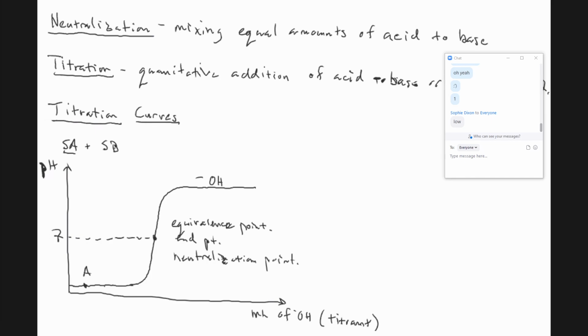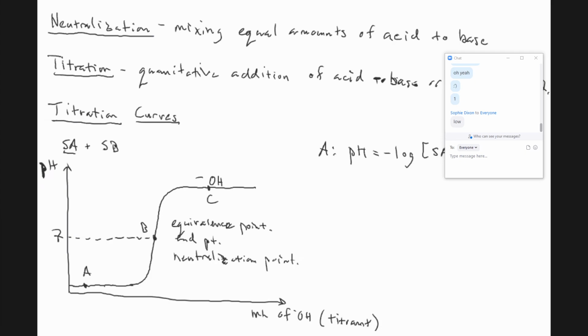So if we're looking at what equation we should be using where, at A, we mainly have what? Strong acid, right? So we should be able to find the pH as simply the negative log of your strong acid.